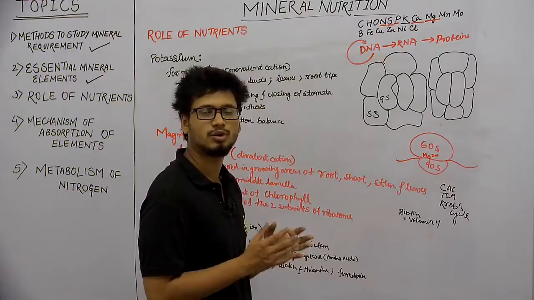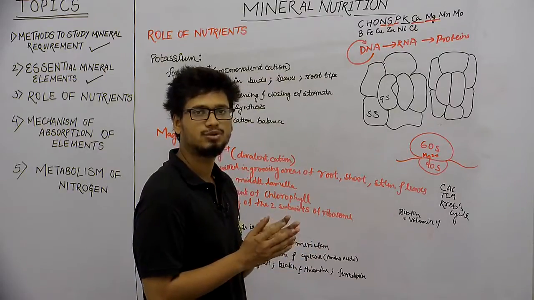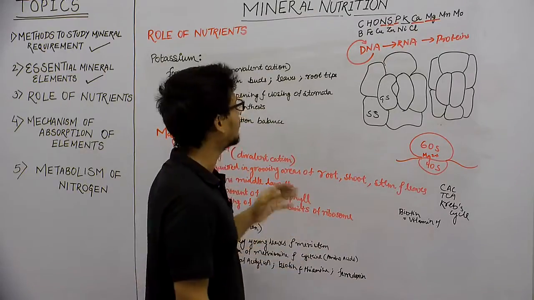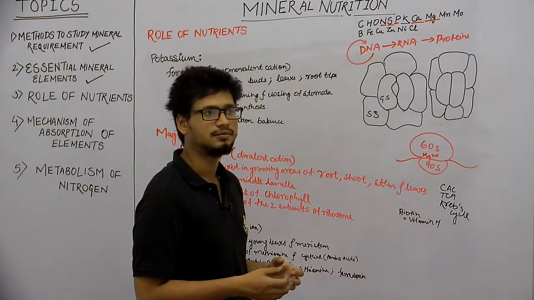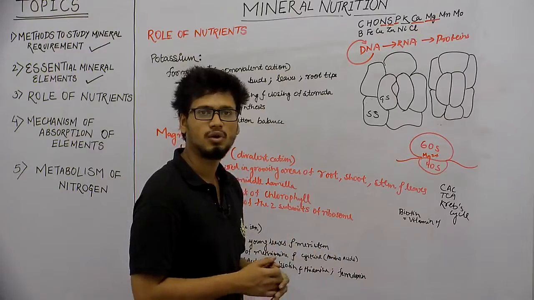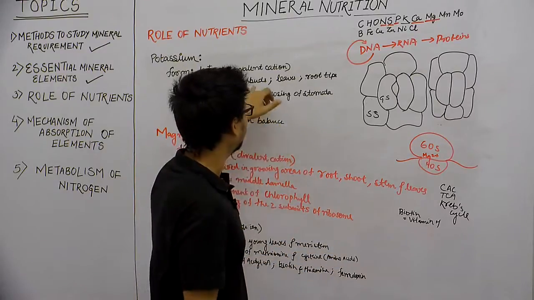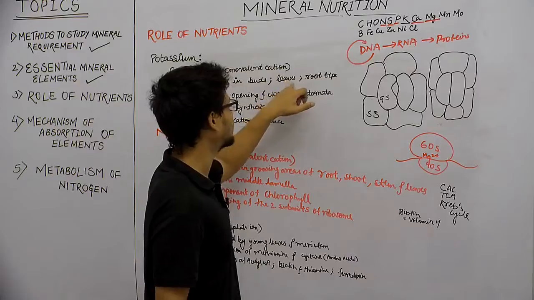Buds जो होते हैं, जो growing undeveloped shoots होते हैं, उन्हें buds कहते हैं. जो buds होते हैं वो future में जाके they get converted into let's say a flowering branch or a normal fruiting branch, तो ये होते हैं buds. Now leaves and root tips.